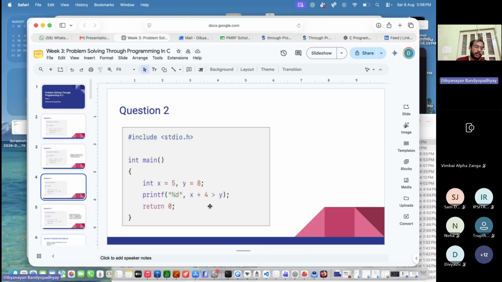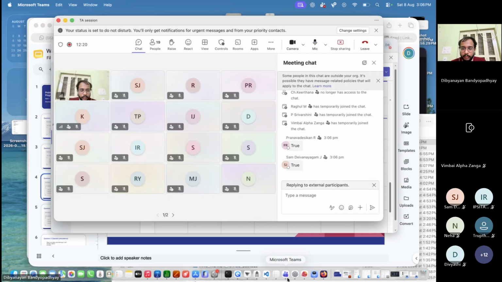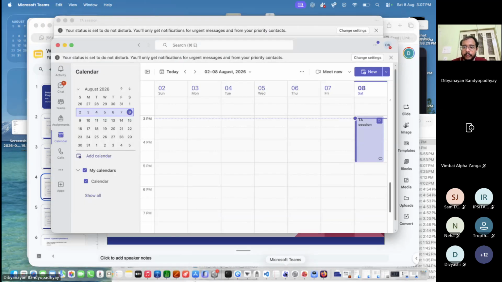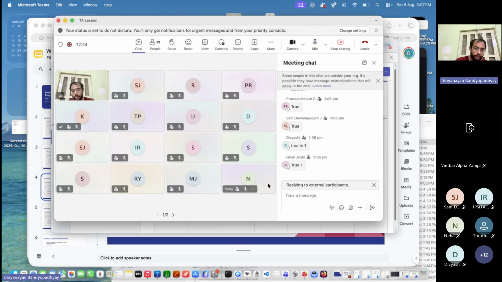So this is the expression, and what is the value of this expression? Okay, people are saying true.